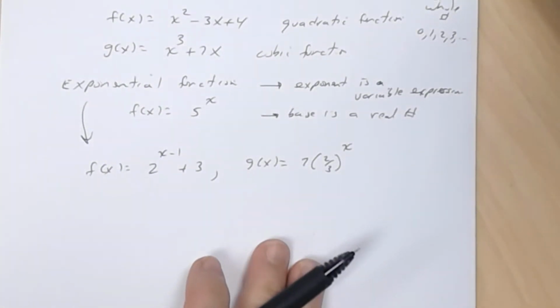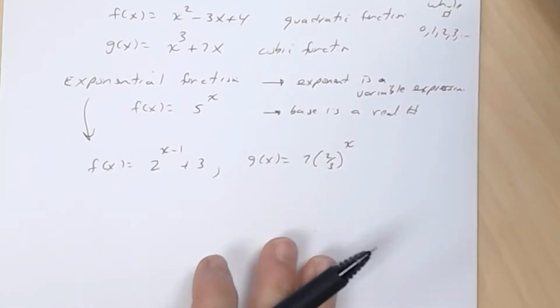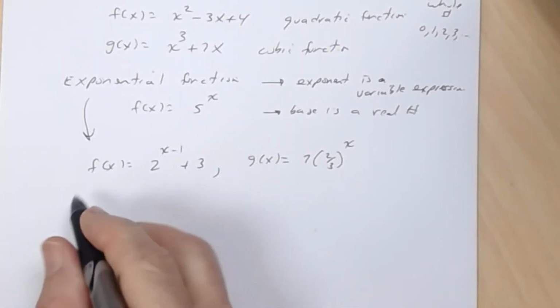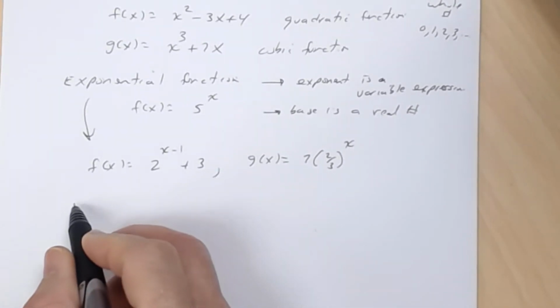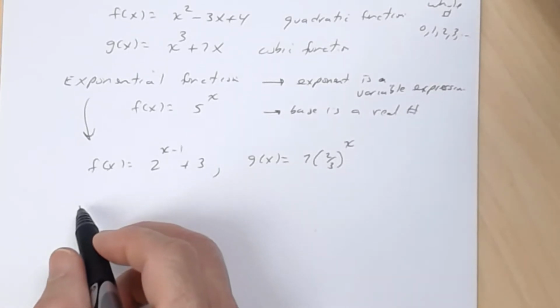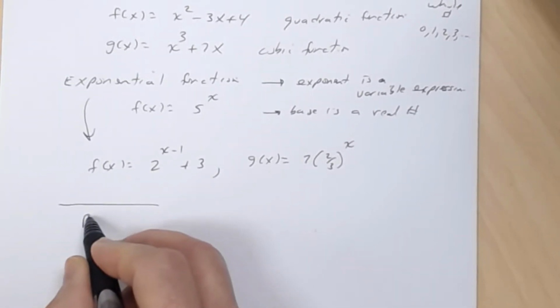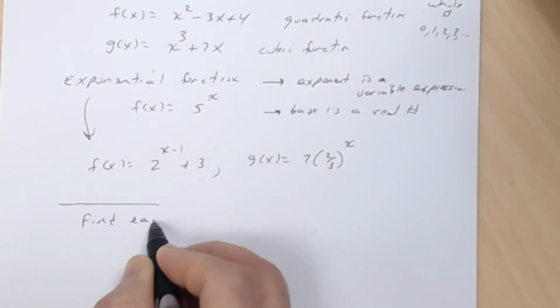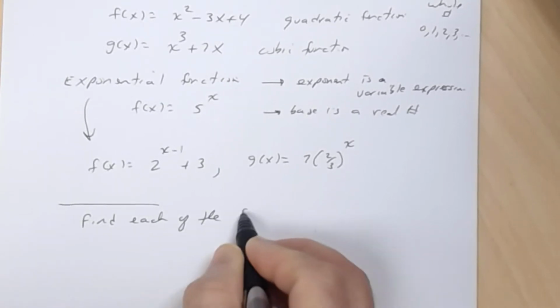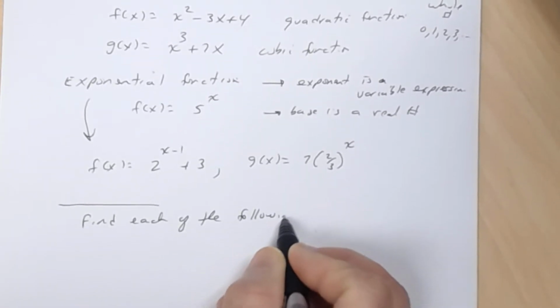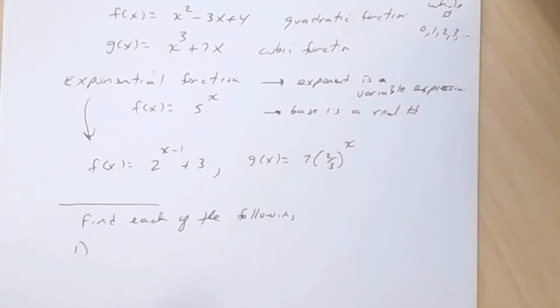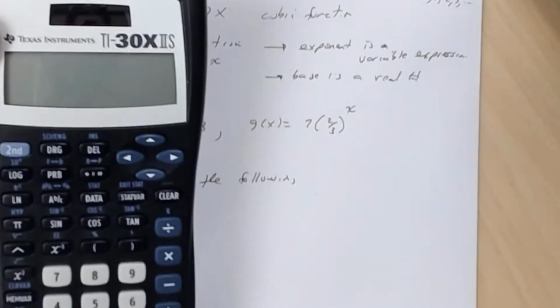So the next thing we're going to look at is using a calculator to evaluate expressions. Okay, so let's look at this. So find each of the following. Right, so we're going to start with an easy one, just making sure you know how to use your calculator.